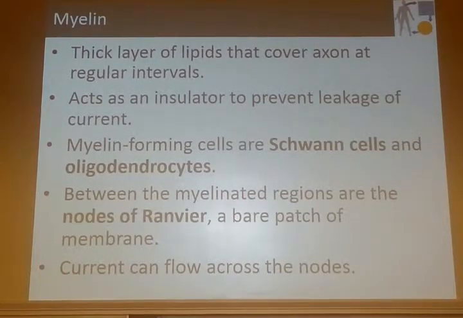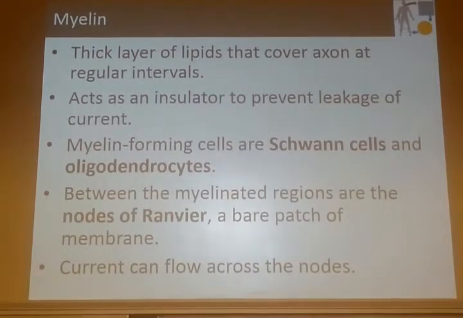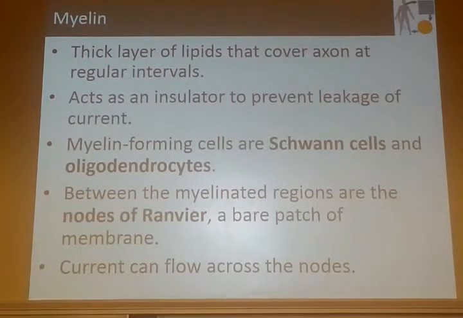It's 1 to 1. So Schwann cells forming myelin. One Schwann cell wraps one segment of one axon. Oligo, one cell wraps multiple segments of multiple axons.